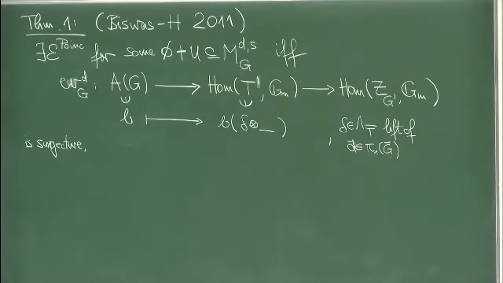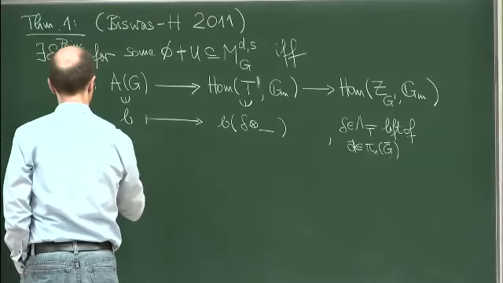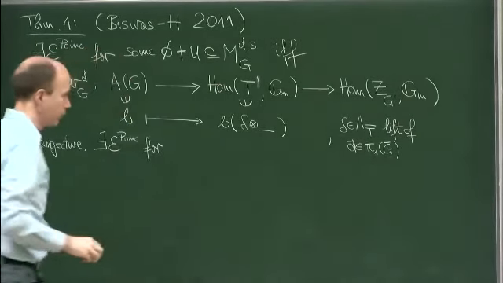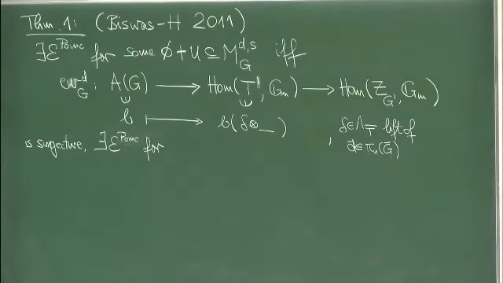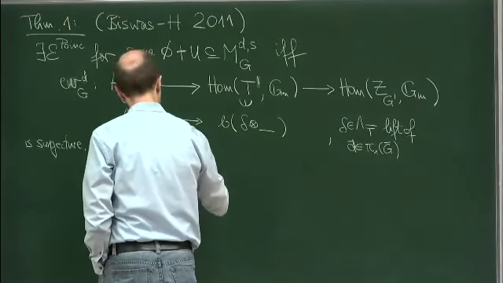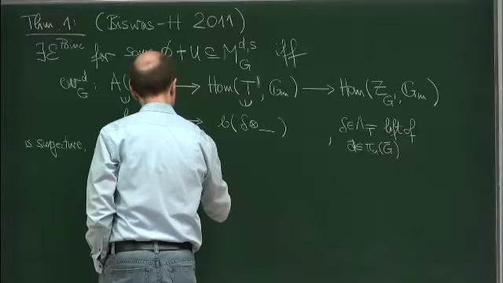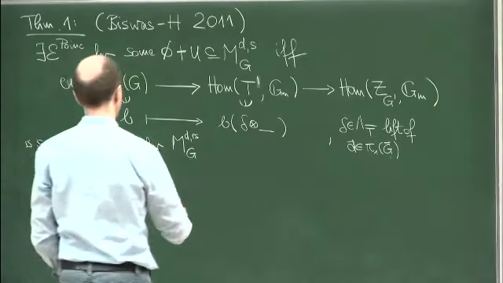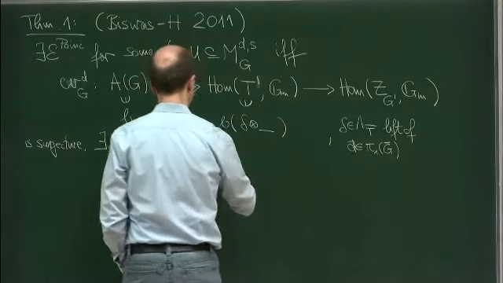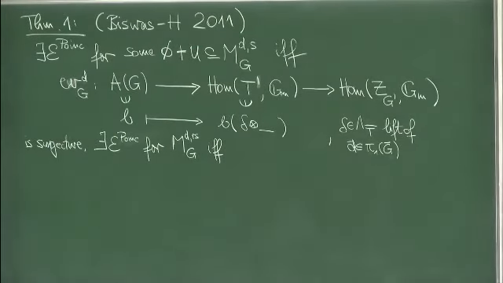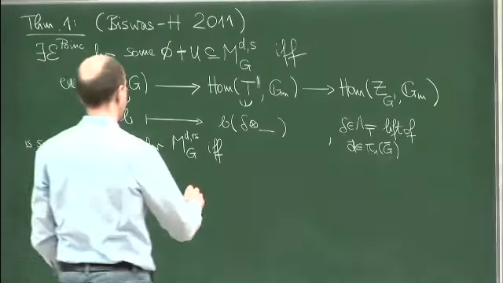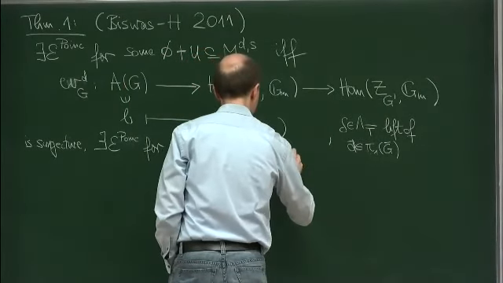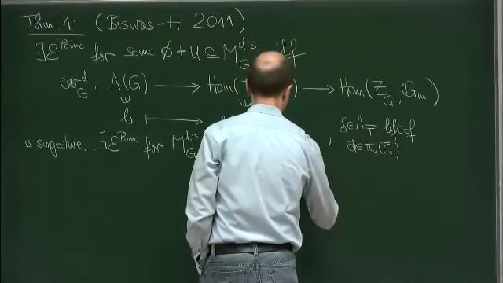And there's also an answer to the other question. There exists a Poincare family for the largest open, the regularly stable locus, if and only if, well, first of all, this has to be satisfied, of course, and then there is a second condition, moreover, the center of the group is a torus.